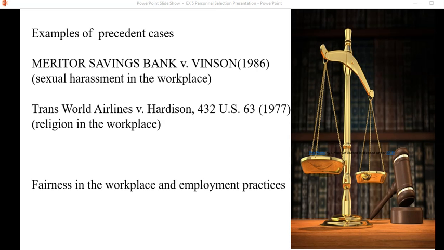Here we see a couple of examples of precedent cases relating to issues of workplace fairness. Meritor Savings Bank versus Vinson from 1986 concerns sexual harassment in the workplace. The plaintiff argued that she was the subject of sexual harassment, although she did have a relationship with her supervisor.